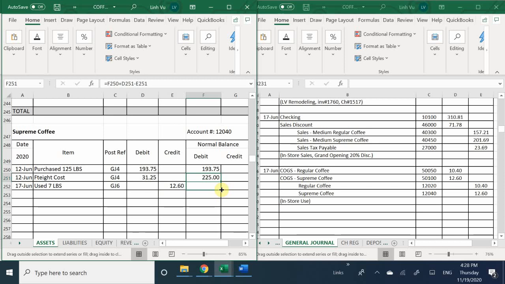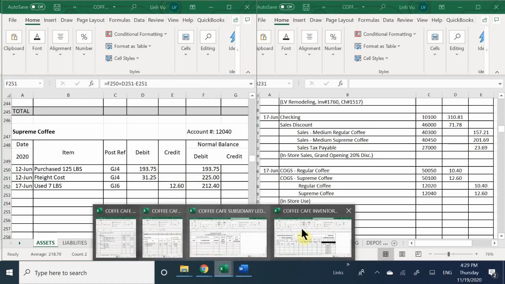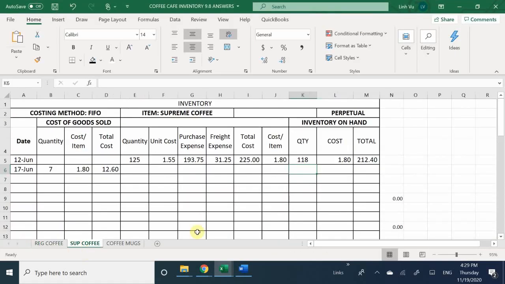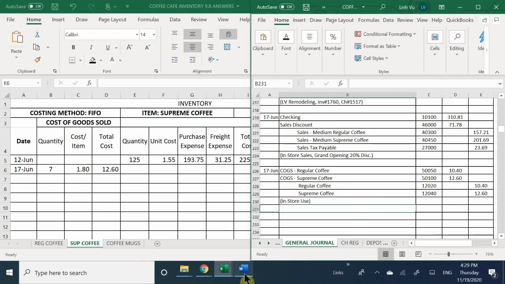This, minus this, gives us a total of 212.40. Good. 212.40, and guess what? It matches our Supreme Coffee here. 212.40. Yay. So that's how you can test the accuracy of your own accounting.